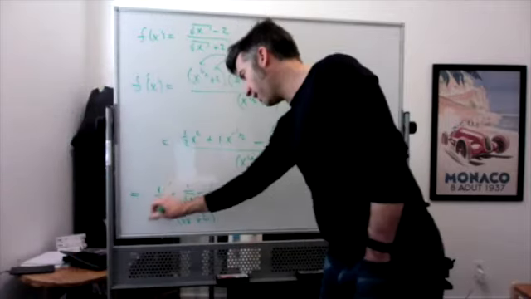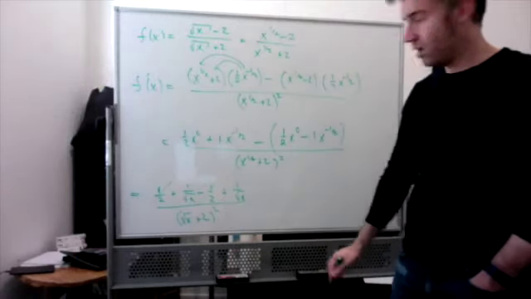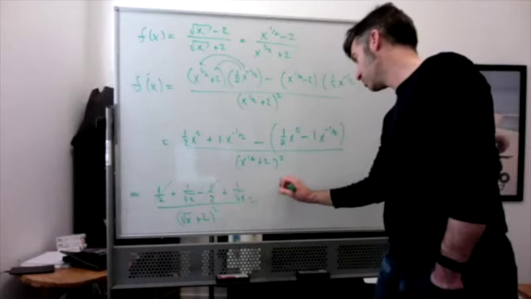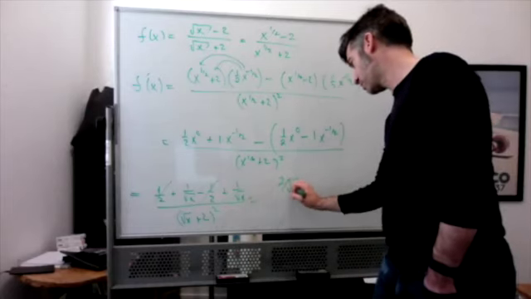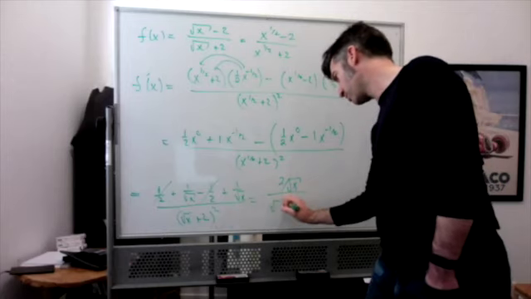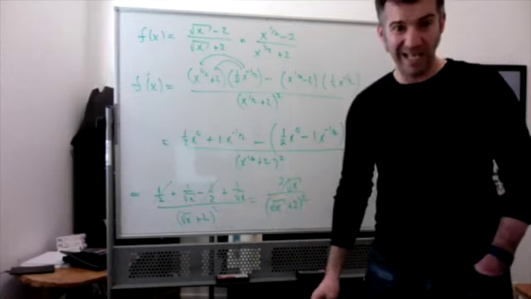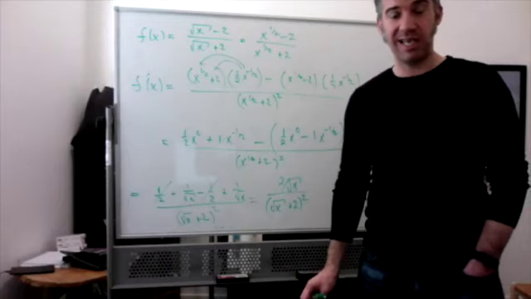So the 1/2 and the negative 1/2 cancel, and 1 over the square root of x plus 1 over the square root of x is 2 over the square root of x, over the square root of x plus 2 squared. It's still not nice, but at least at this point, it's not terrible to have to write out.